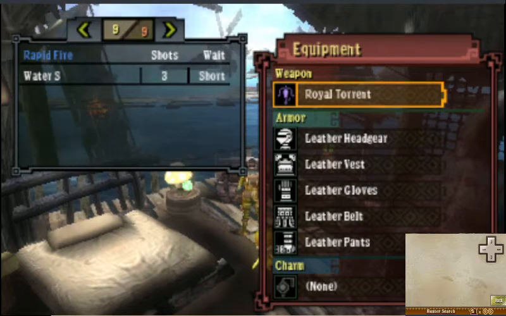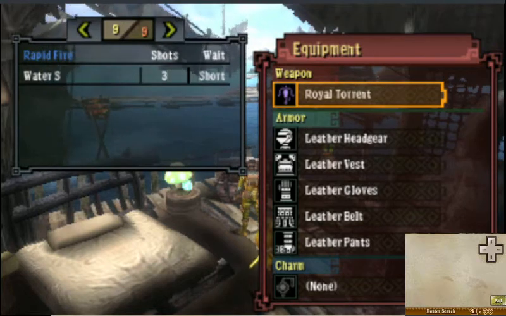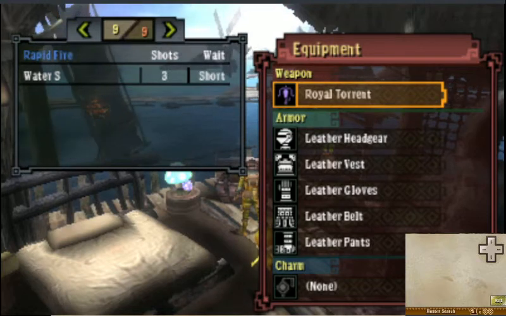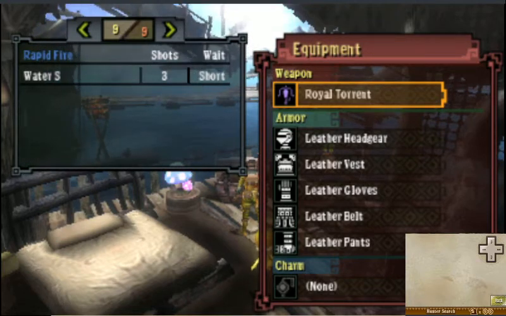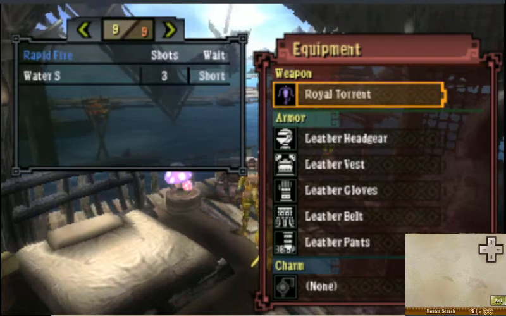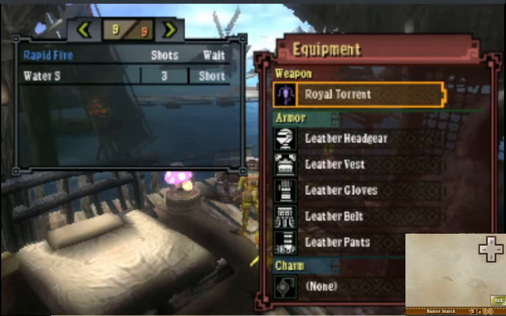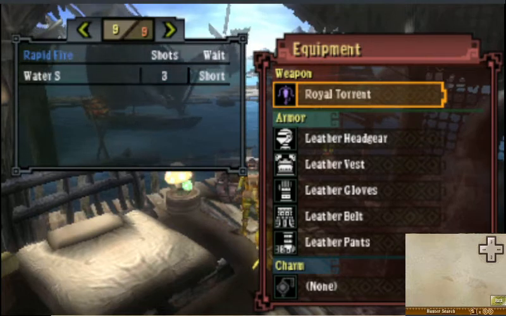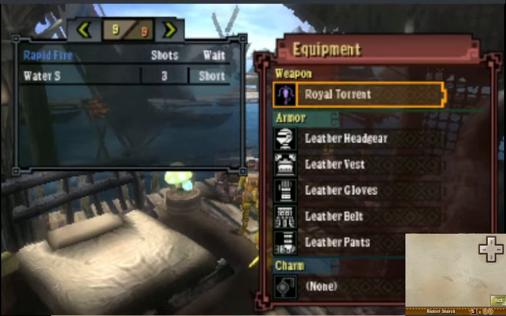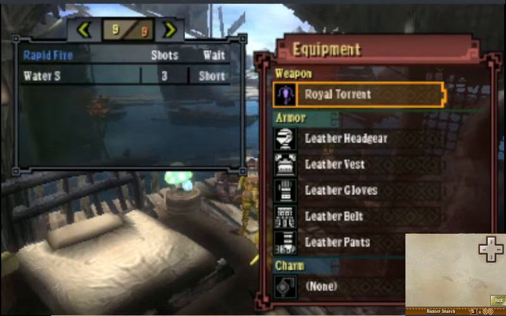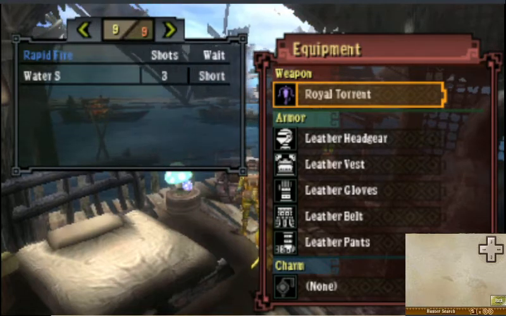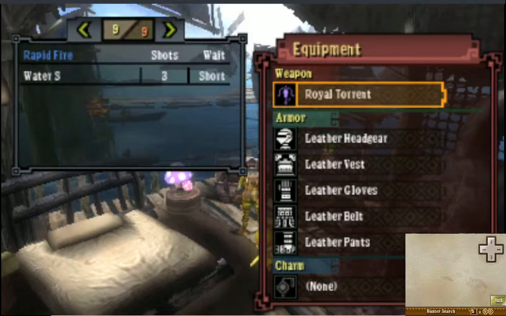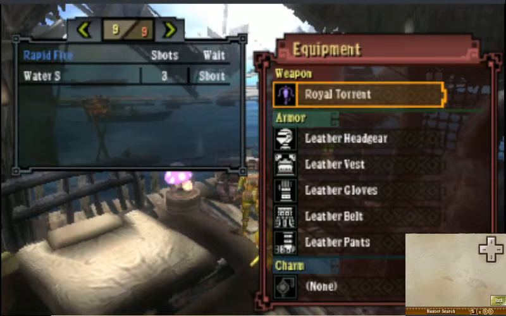And lastly, on page 9 is a very important bit of information, which is the rapid fire. This tells you that this Royal Torrent bowgun is able to rapid fire the water shot ammunition, and the shots value is listed as 3, which means one shot of water ammunition will fire 3 times.